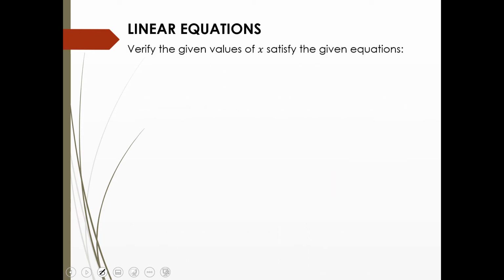So first, we will verify if the given values of x satisfy the given equations. For example, letter A, does x equals 4 satisfy 3x minus 12 equals 0? So 3x minus 12 is linear since the highest power of x is 1. How are we going to verify?